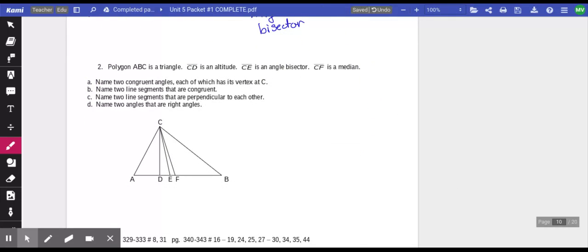Polygon ABC is a triangle, CD is an altitude, CE is an angle bisector, and CF is a median. So I want you to pause and answer A through D.